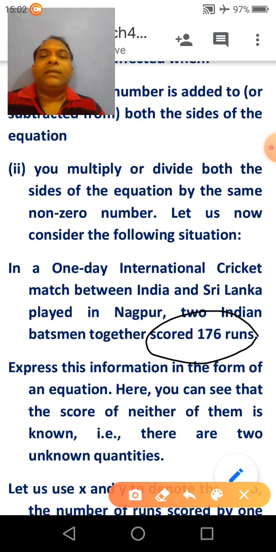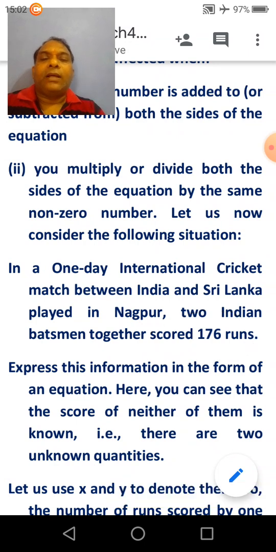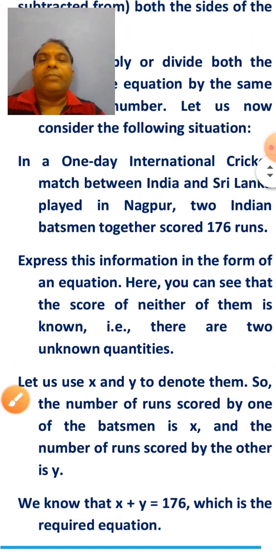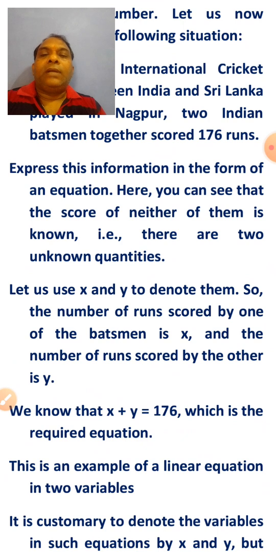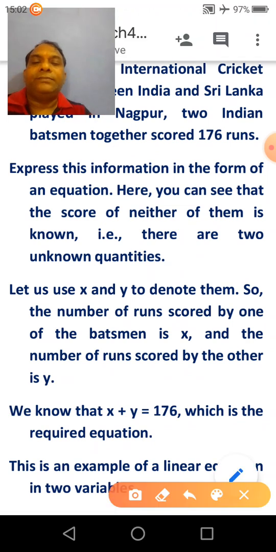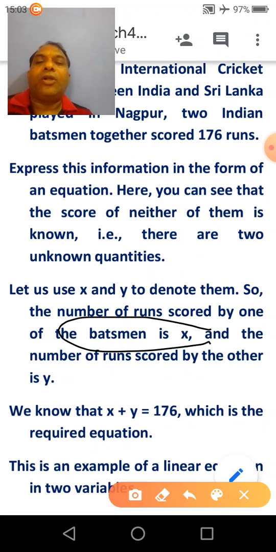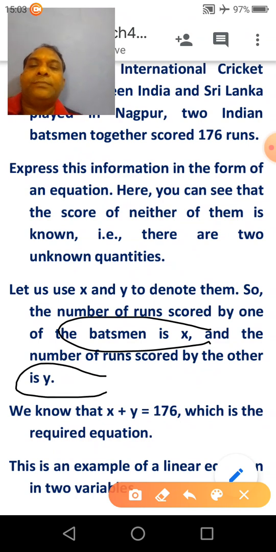Here you can see that the score of neither of them is known, i.e. it implies that there are two unknown quantities. Let us use x and y to denote them. So the number of runs scored by one of the batsmen is x and the number of runs scored by the other batsman is y.